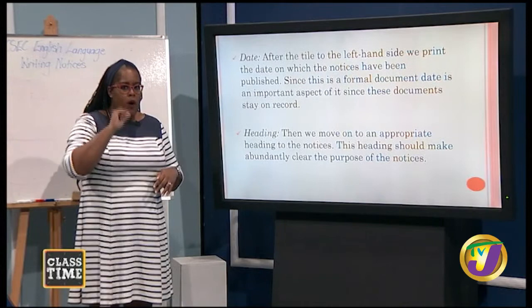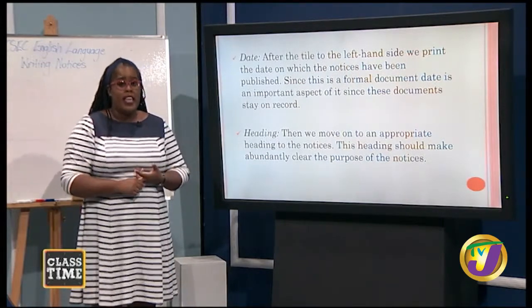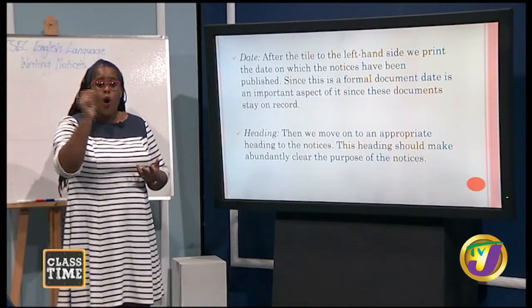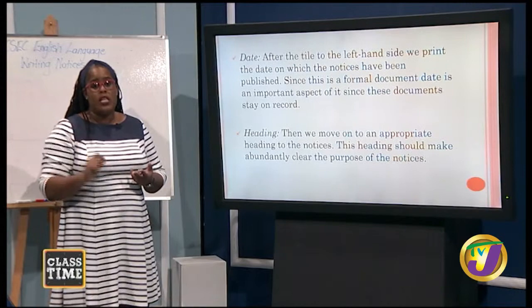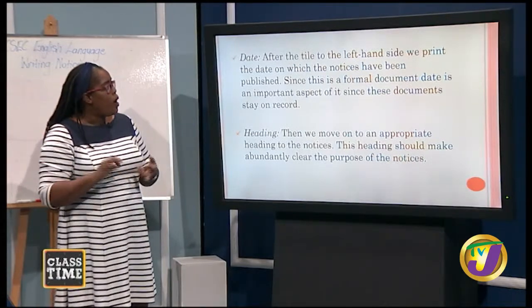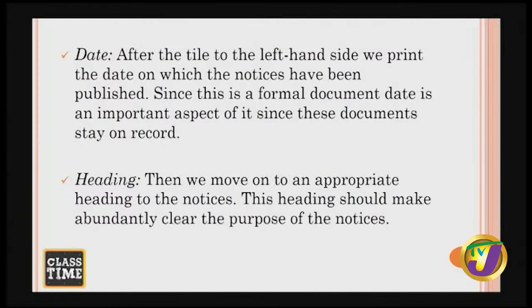Do you see the word notice in bold? Is there a date? Tell me all the things. Check off all the things that you see in the notices in the newspaper. So after the title, to the left-hand side, we print the date on which the notice has been published.